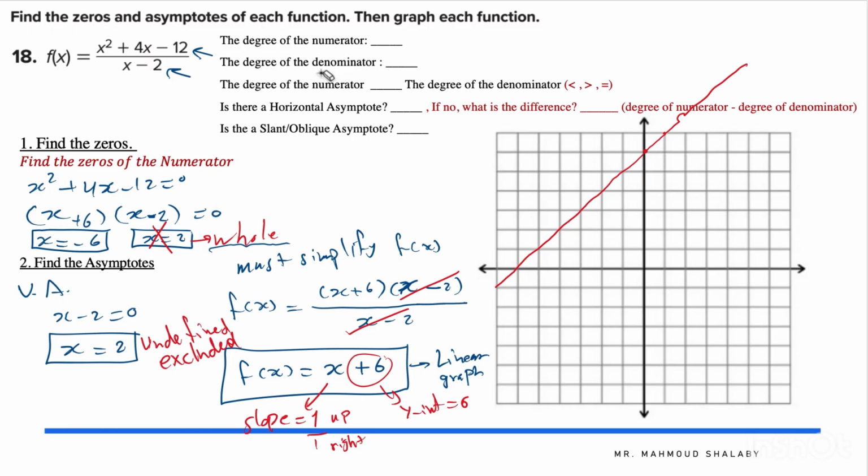Make a hole, create a hole, as you can see here يا شباب, at x equals 2, because this is the only value that will make the function undefined in your graph, and this will be a straight line, of course, extending from both sides. Okay شباب, I hope you understand this, and now let's go to the next question.